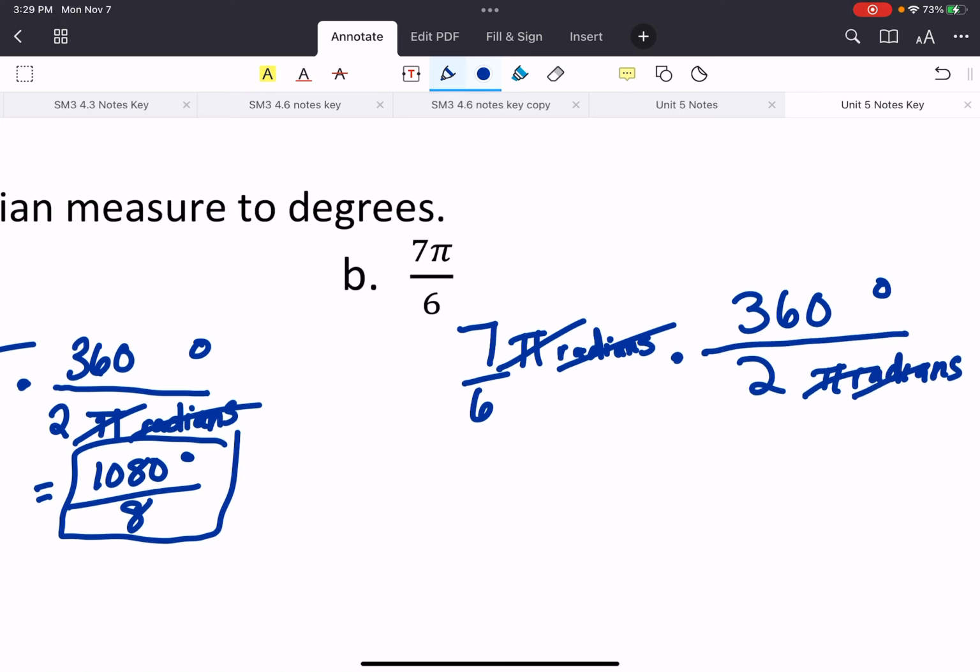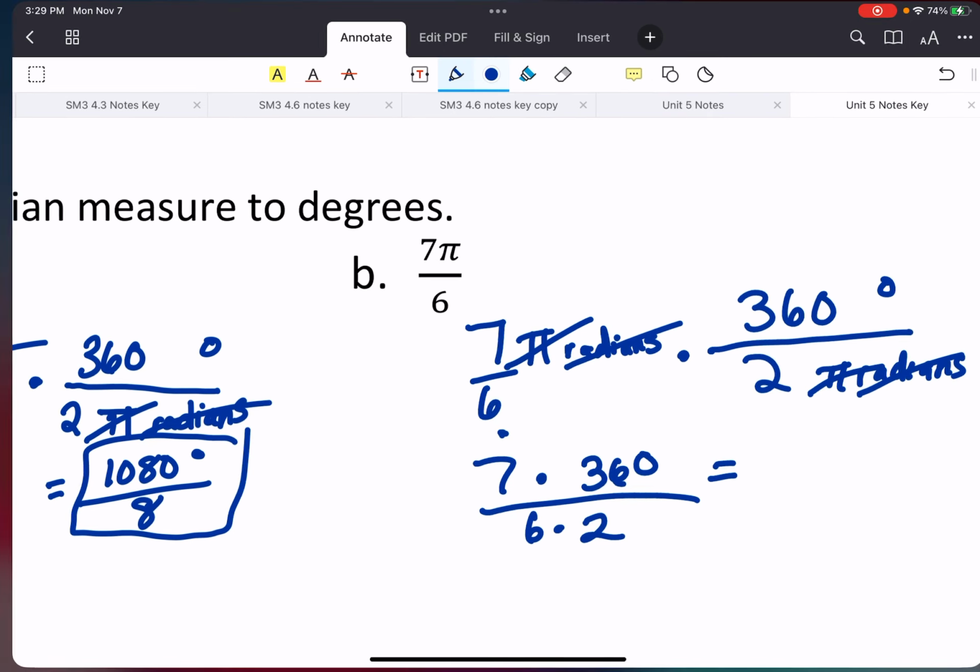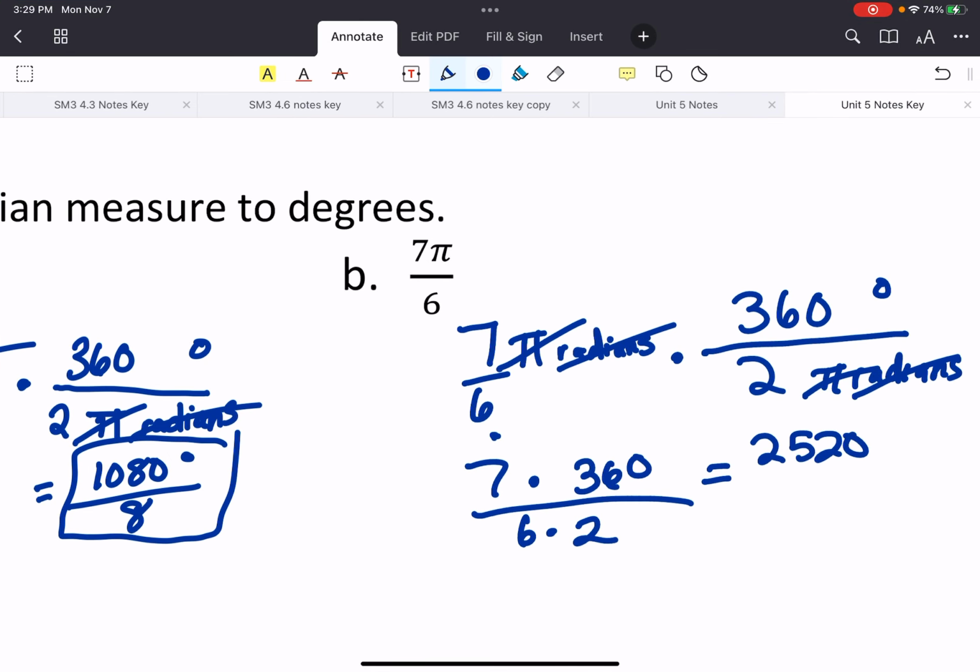Then you can cancel out your pi radians and just do 7 times 360 over 6 times 2, which equals 2,520 over 12 degrees. And again, you can reduce that on your calculator.